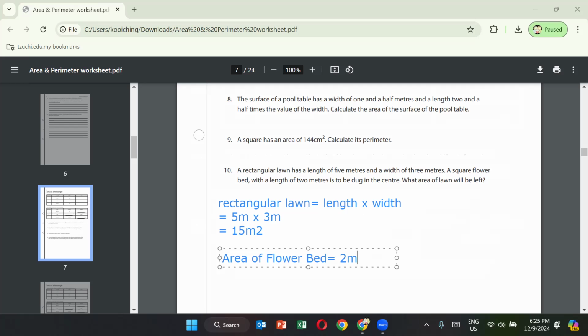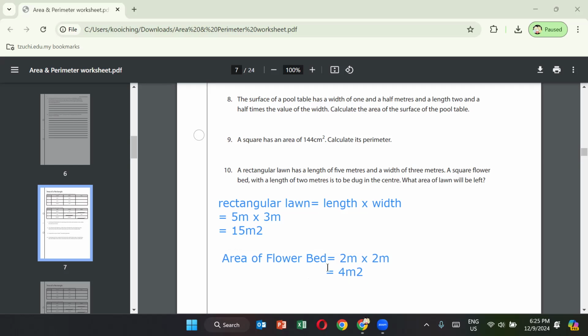Oh wait, sorry guys. So we will be using 2 meters and then multiply it by 2 meters again. And then it will be equal to 4 meters square. So this is the area of the flower bed.